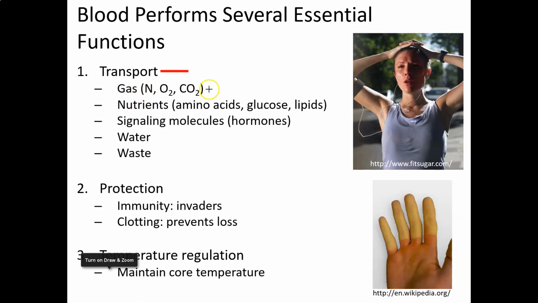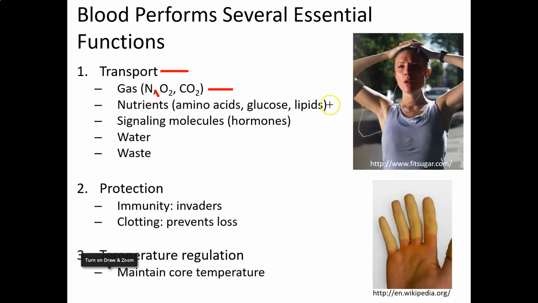So here's our gas right here. Nitrogen, it really should say N2, although I think I have it on the straight line, not the freehand. So N2. We also have oxygen and carbon dioxide, among other gases in the blood.